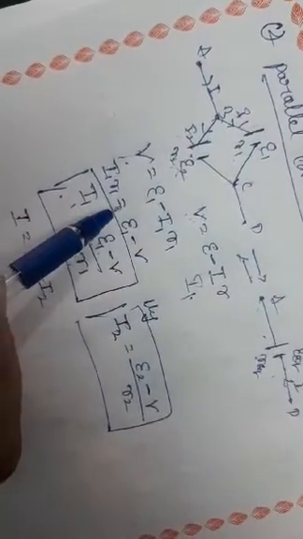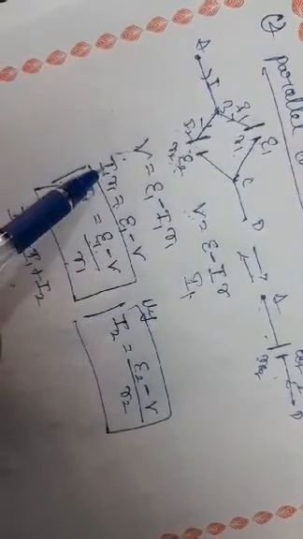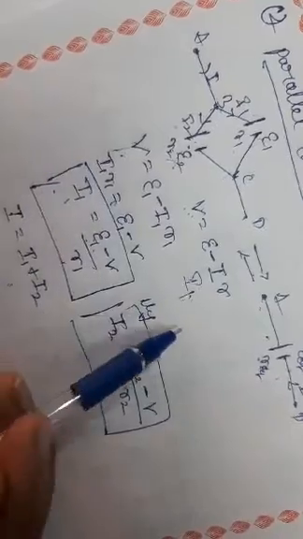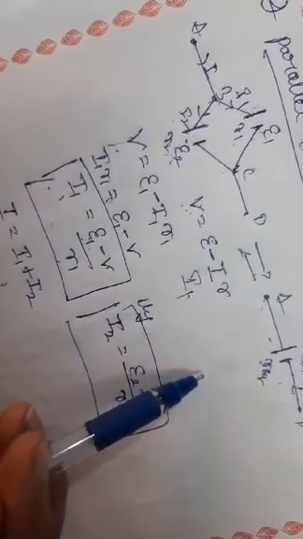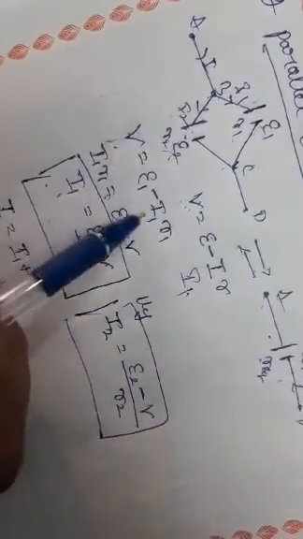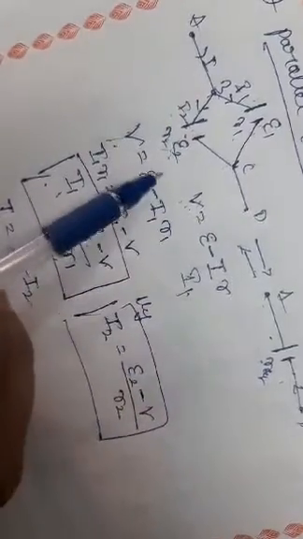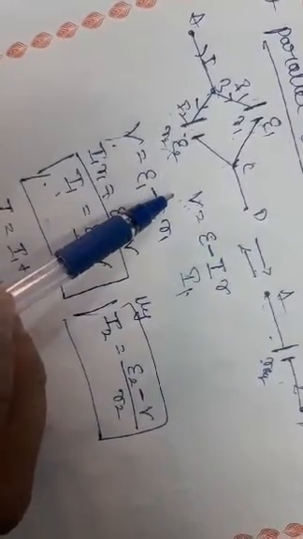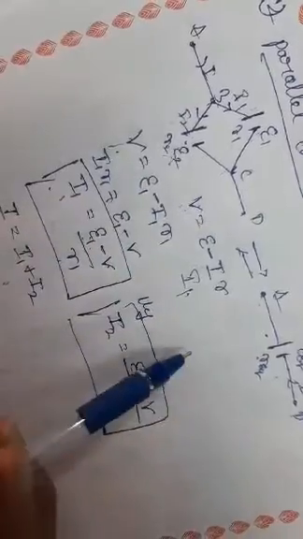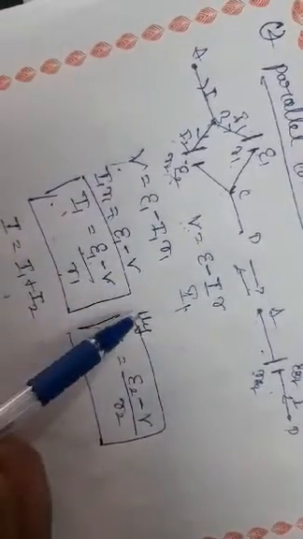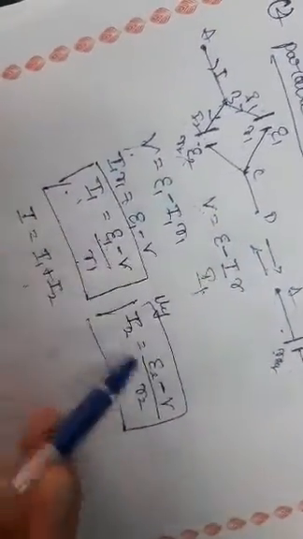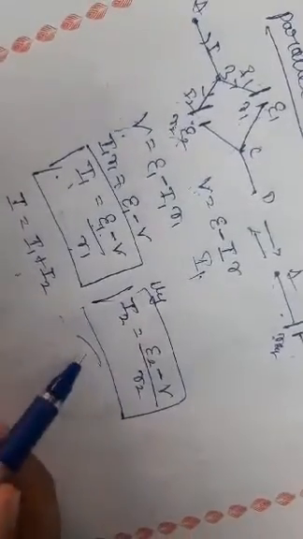Two or more cells are connected in series when the current is the same and the potential difference is different. This is the difference between series and parallel combination. Okay, we continue this derivation in the next class. Okay, thank you.